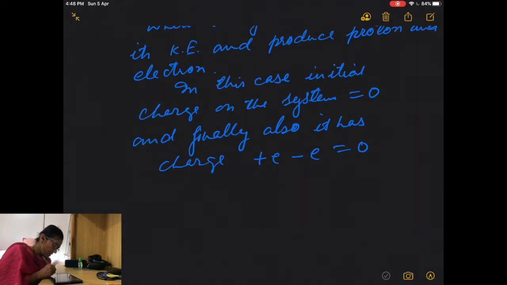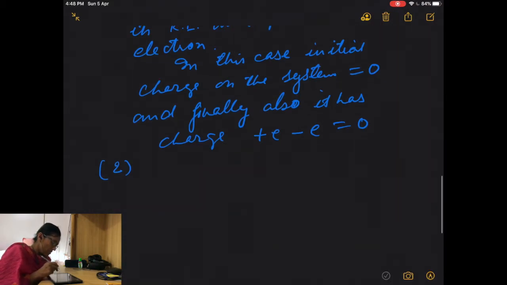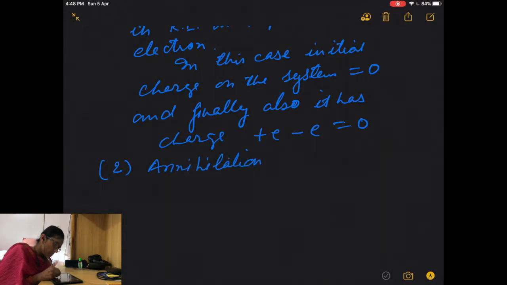Now the next one is annihilation of matter.